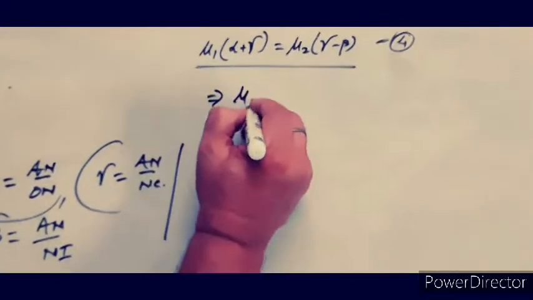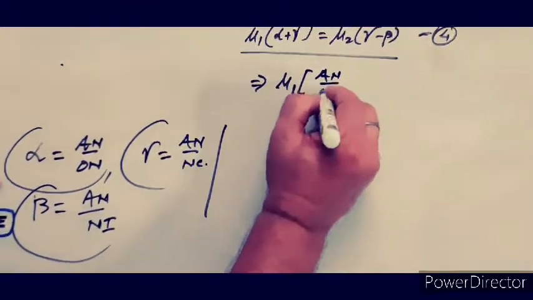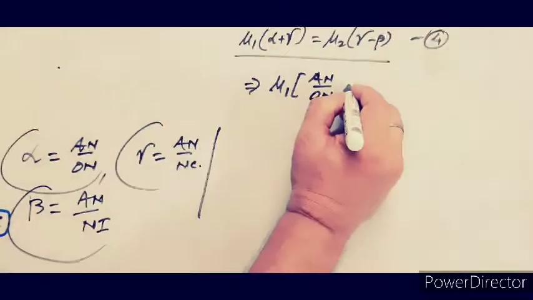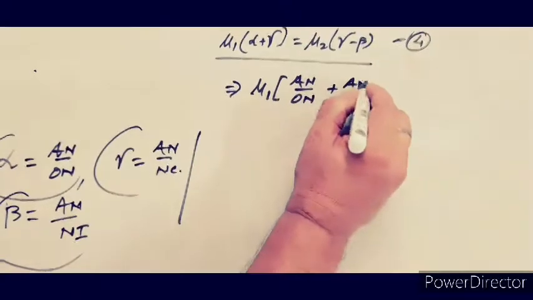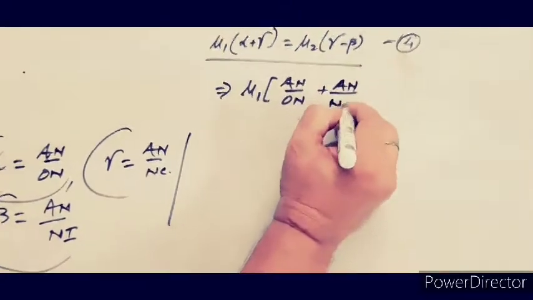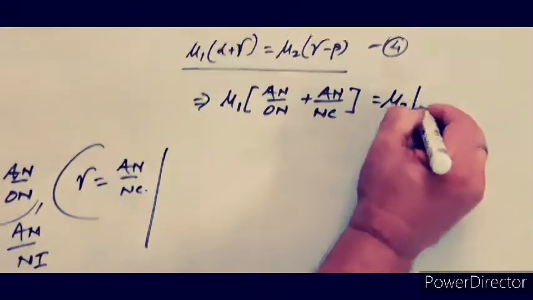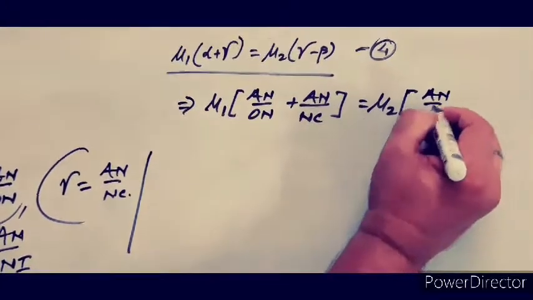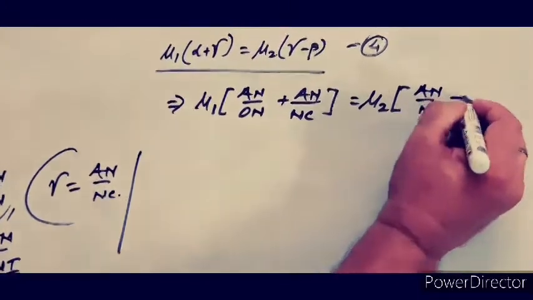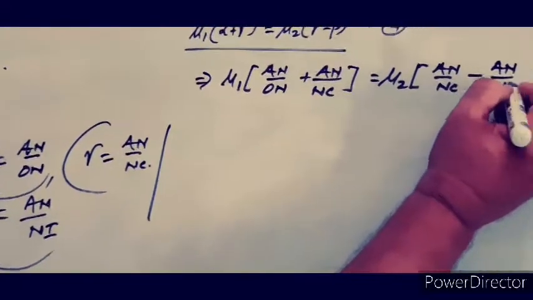So mu1, in place of alpha we are writing AN by ON plus gamma, gamma is AN by NC, is equal to mu2, gamma is AN by NC minus beta, AN by NI.